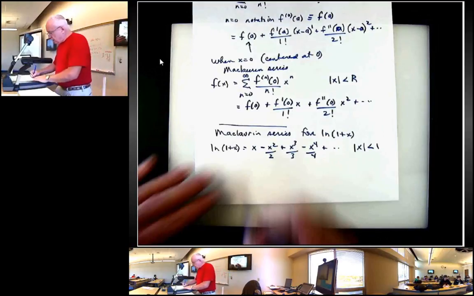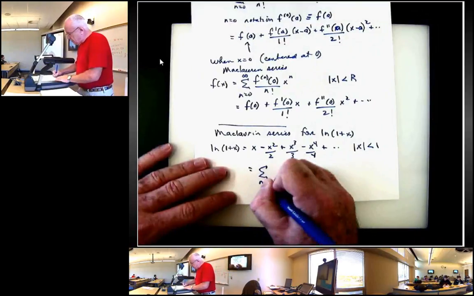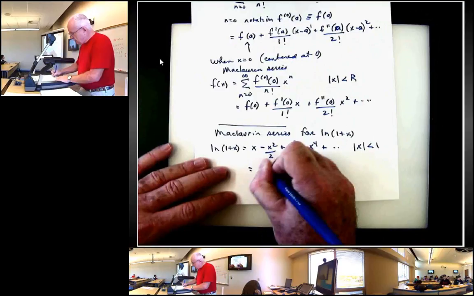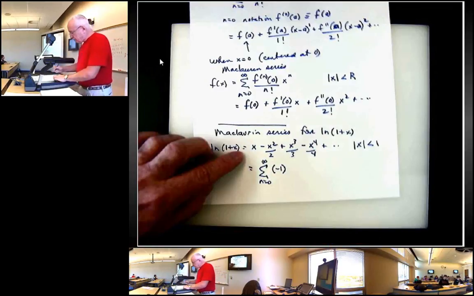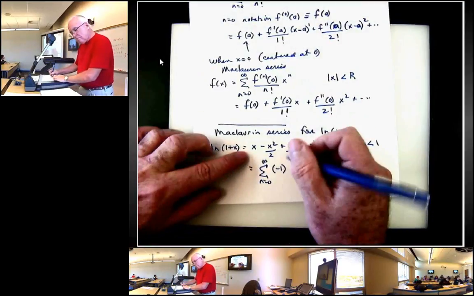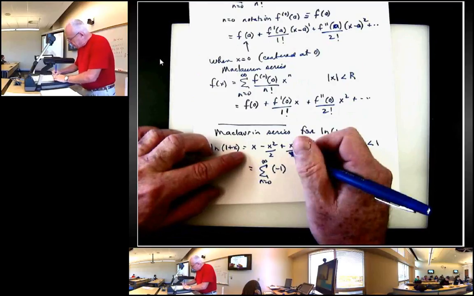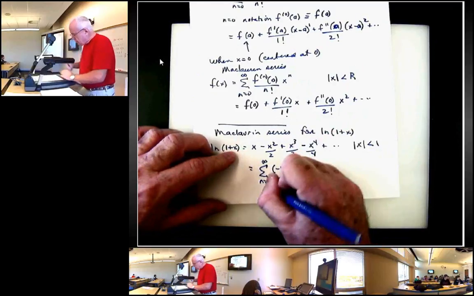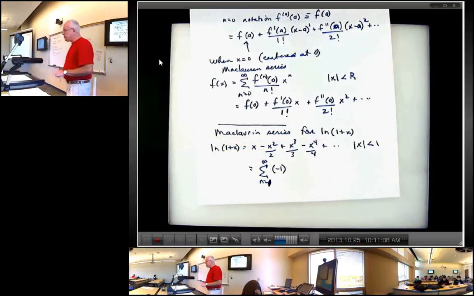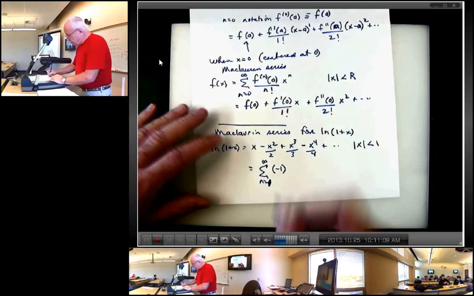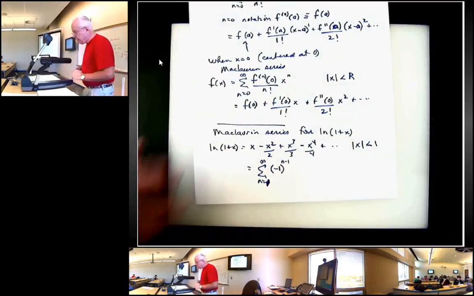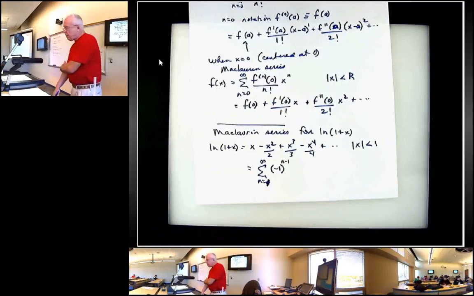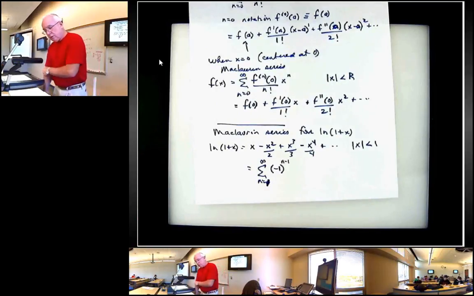Then just to write it as a general sum, n equals 0 to infinity, okay, we've got negative 1 to the n. The first term is positive, so actually, let's just start it at 1. We don't have to always start series at 0. And the first term is positive, so I'm going to represent it as negative 1 to the n minus 1, to make it a positive 1 for the first term.